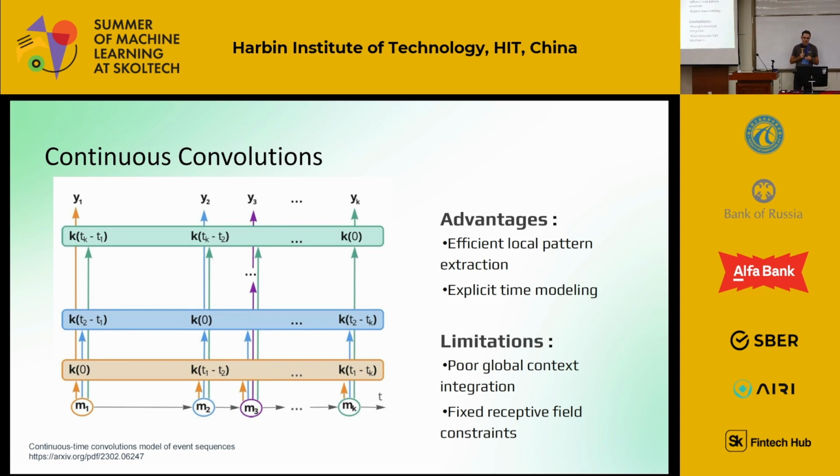The time deltas are used as input for the convolution layer, and the model can use not only the order of the sequence but also the intervals between events. It can see very frequent events, or the time when no events happened, for example.